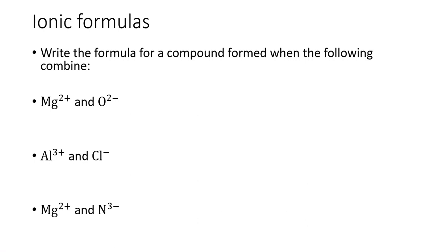One other thing that we need to learn about these ionic compounds is the formulas. Normally, when you are given an ionic compound, usually they'll be put in a specific formula, the formula that we call the formula unit.